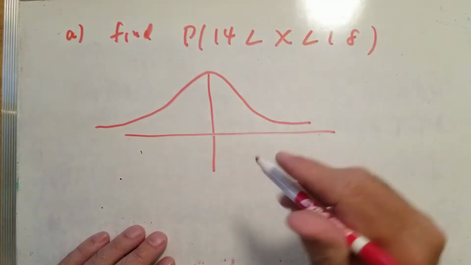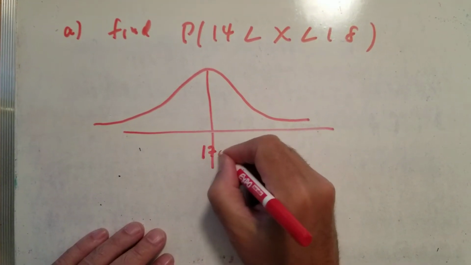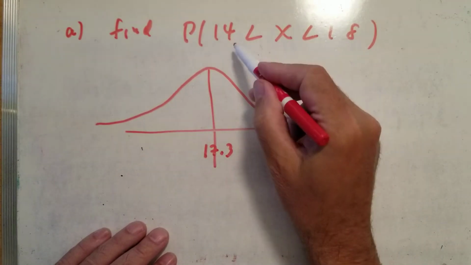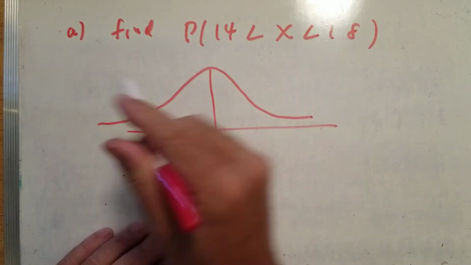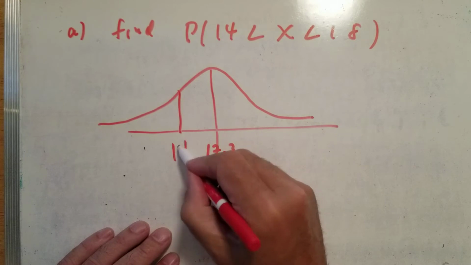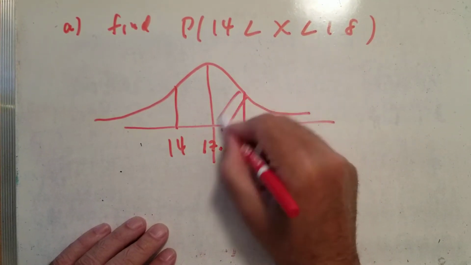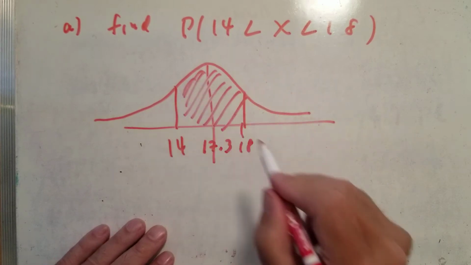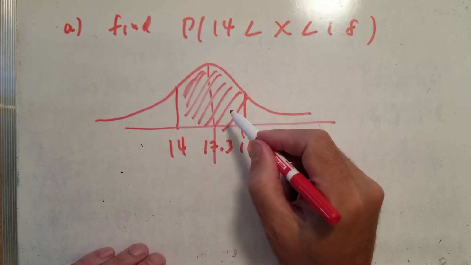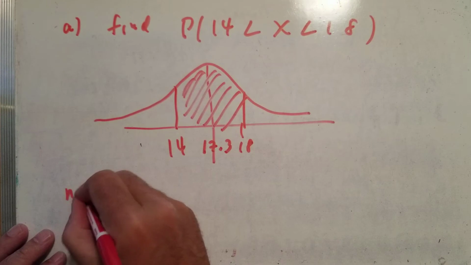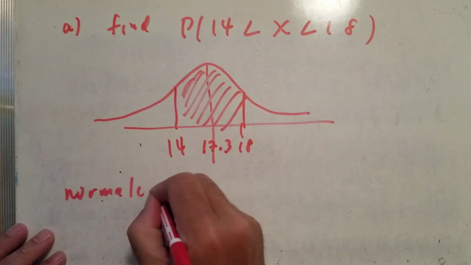Now the mean of 17.3 is in the middle of this curve. 14 is lower than 17.3. 18 is bigger than 17.3. So this probability is represented by that area, which I can do using normal CDF.